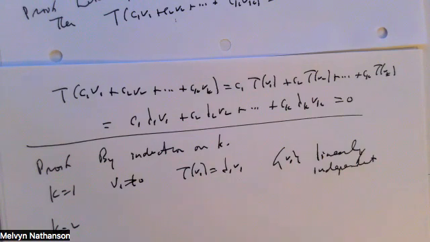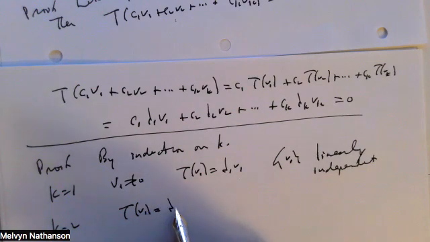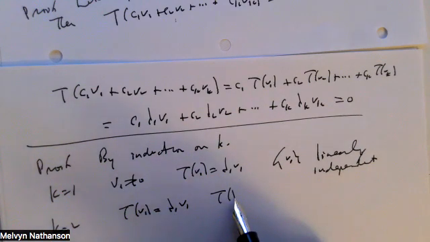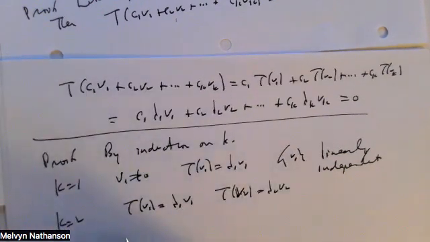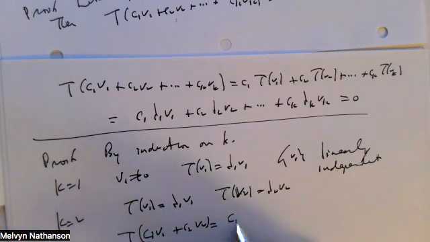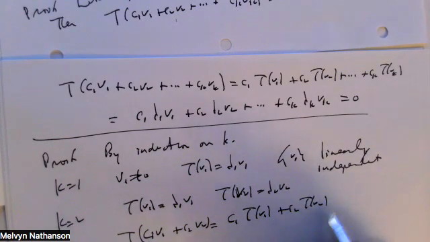Suppose k equals 2. So we have T of v1 is lambda 1 v1, T of v2 is lambda 2 v2. So T of c1v1 plus c2v2 is c1 T of v1 plus c2 T of v2, which is c1 lambda 1 v1 plus c2 lambda 2 v2.